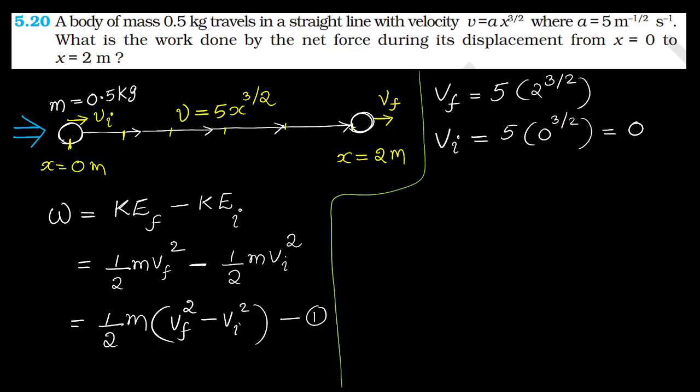Let me complete the entire solution. After that you can ask me doubts. So work done is equal to, what is the formula? Half m into vf square minus vi square. M is 0.5 kg.